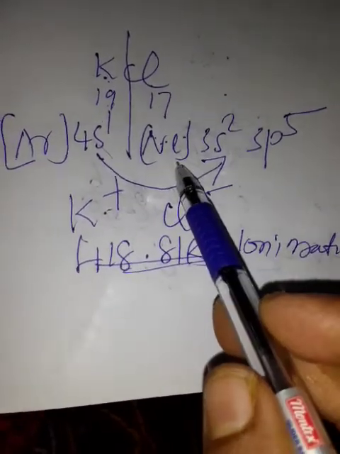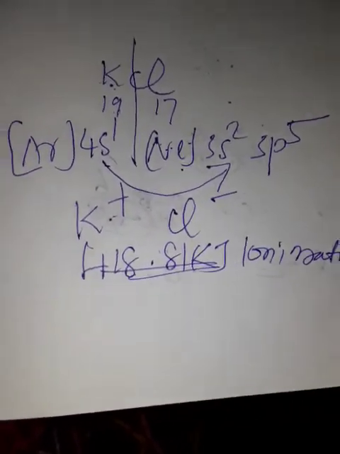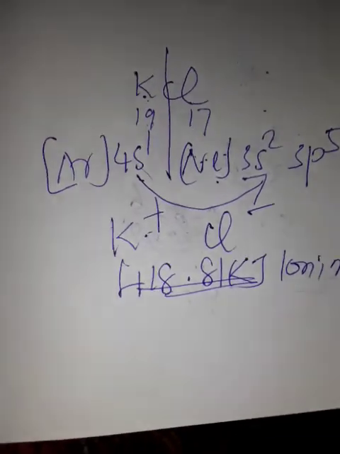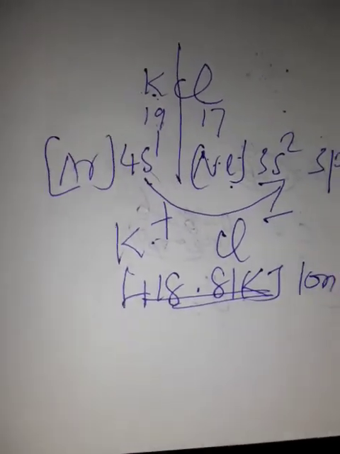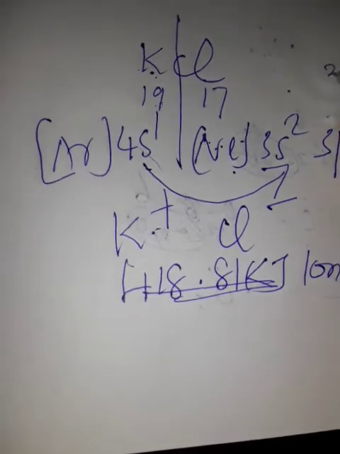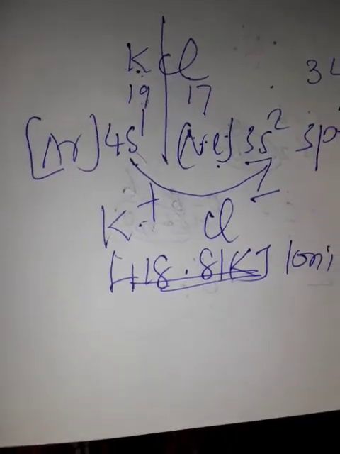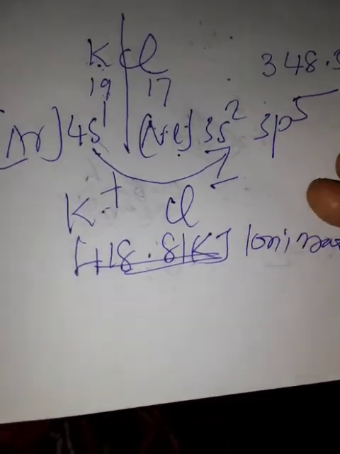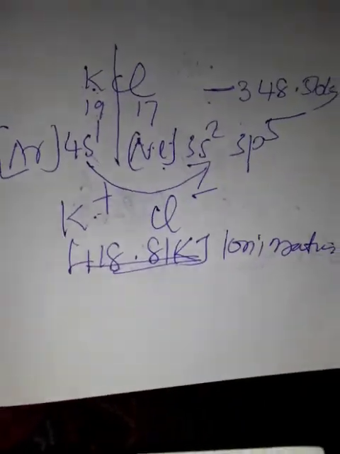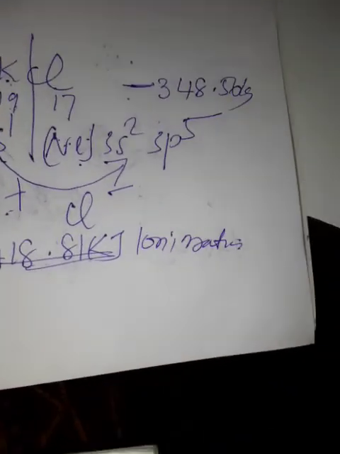Now chlorine is getting that electron. So the energy released for this one, for chlorine, is 348.56 kilojoule, minus. Since it is released, it gets a negative sign.